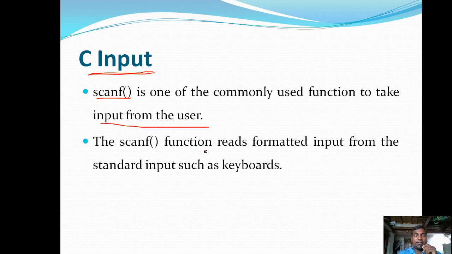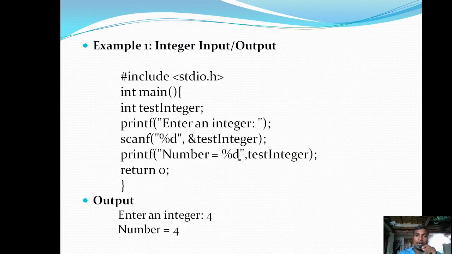The scanf function reads formatted input from the standard input devices such as the keyboard. This scanf function is available in the stdio.h header file, the standard input output header file.